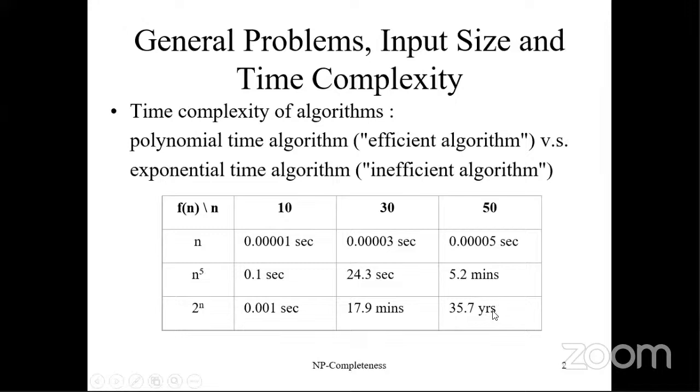And the exponential time is 34 years for the same input size. So it means that the exponential time is an inefficient algorithm, while the polynomial time is considered an efficient algorithm.